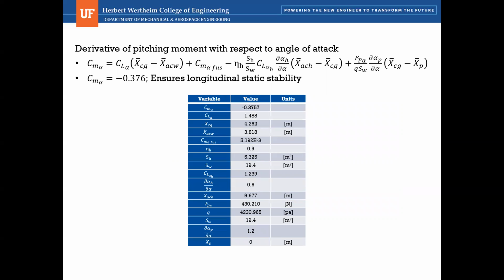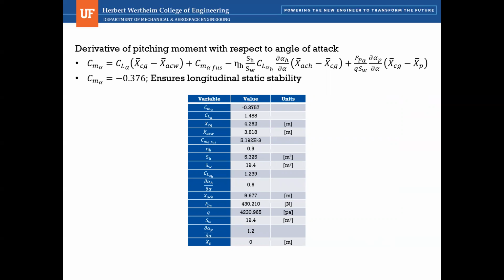The derivative of pitching moment with respect to angle of attack must be negative for our aircraft to ensure longitudinal static stability. The equation above gives our contributions from the fuselage, the wing, the horizontal tail, and the engine housing. It's noted that the CM alpha with respect to fuselage is a function of our fuselage width, length, and an empirical pitching moment factor for the fuselage.